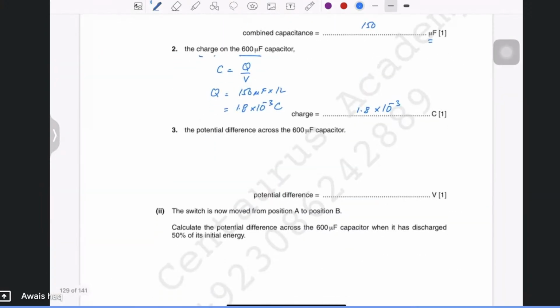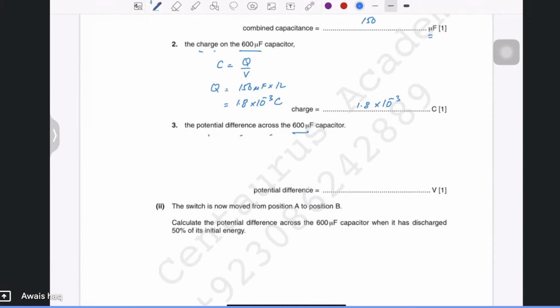And then it says the potential difference across 600. So you just need to use Q is equal to CV. Again, this time the charge is the same. The capacitance is 600 times 10 raised to minus 6 and the voltage we need.